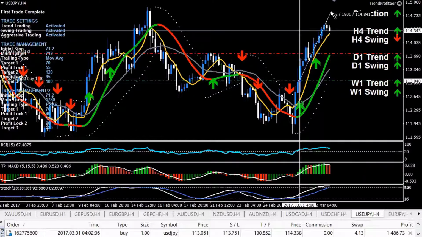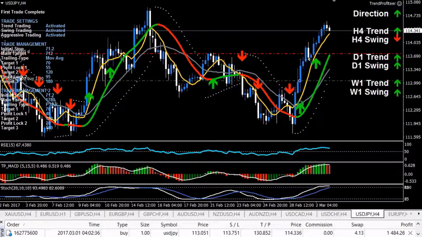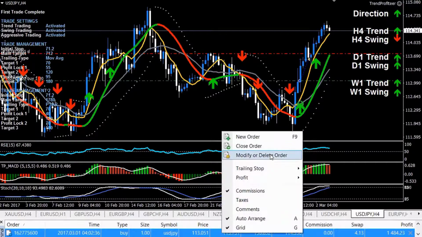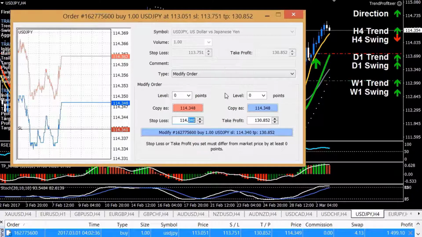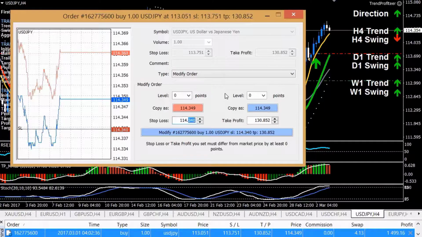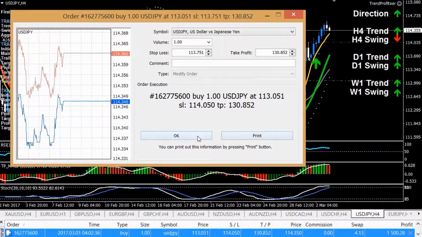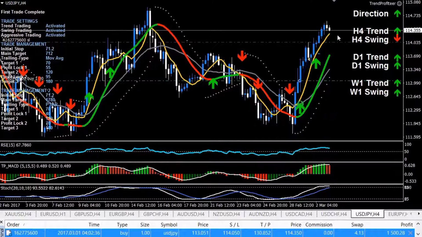Okay, so the last bar and the current bar have been moving down. Now it may continue to move up, but there's a lot of money on the table right now. All in all is about $2,100 between the closed trade and this position. So I'm going to modify the second position to have it stop at 114.05, and that gives me a little bit of room to move, but it also locks in some profits.